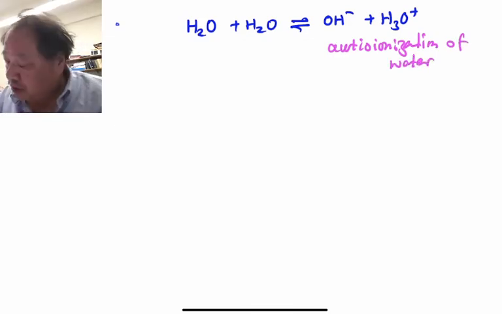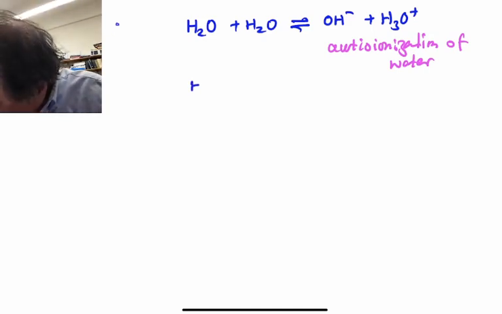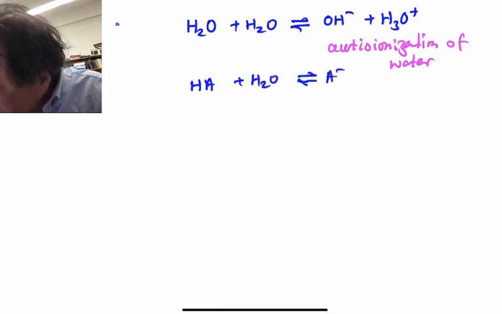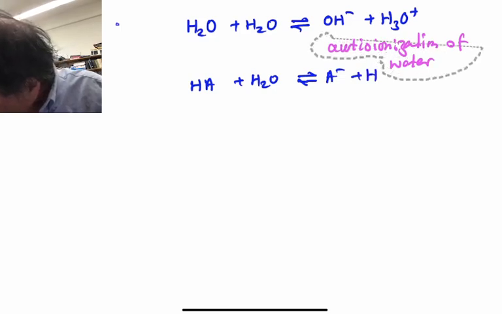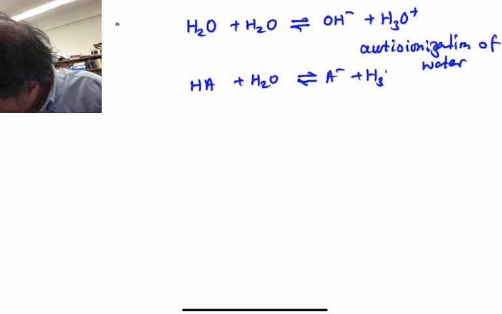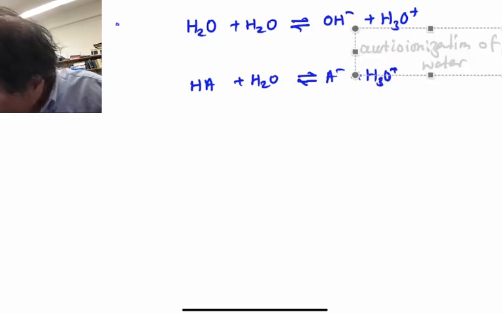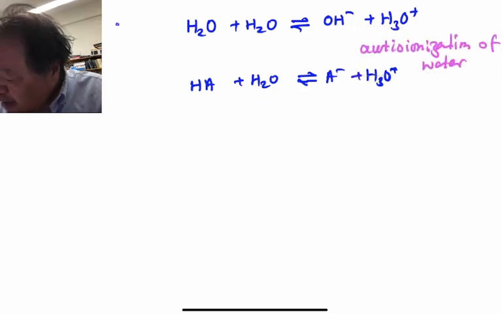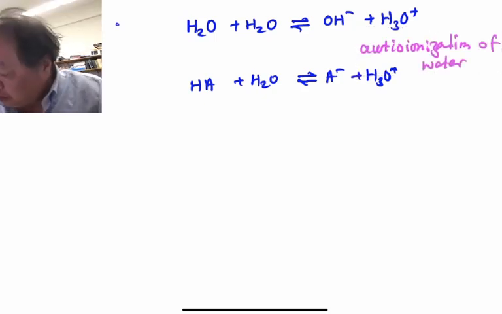It's very similar to the standard acid reaction of a general acid, HA, plus water going to A minus plus H3O+. And for that reason, we can consider its Ka.